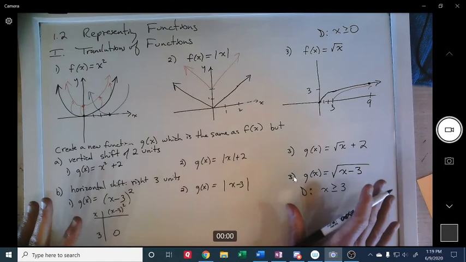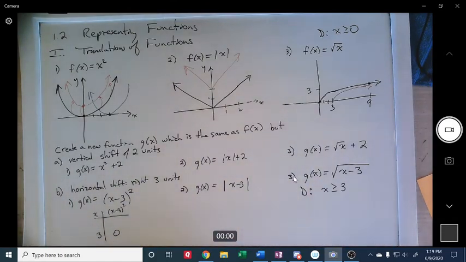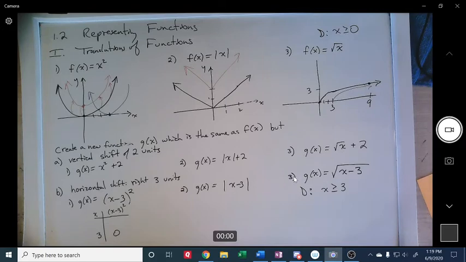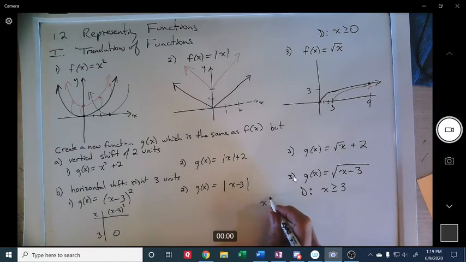Now, even this explanation doesn't really get to the heart of what's really happening here on the horizontal shifts. What gets to the heart of it, I think, a little bit better, to give you a feel for why it shifts to the right, is, let's go back to this one here, and let's look at 2.